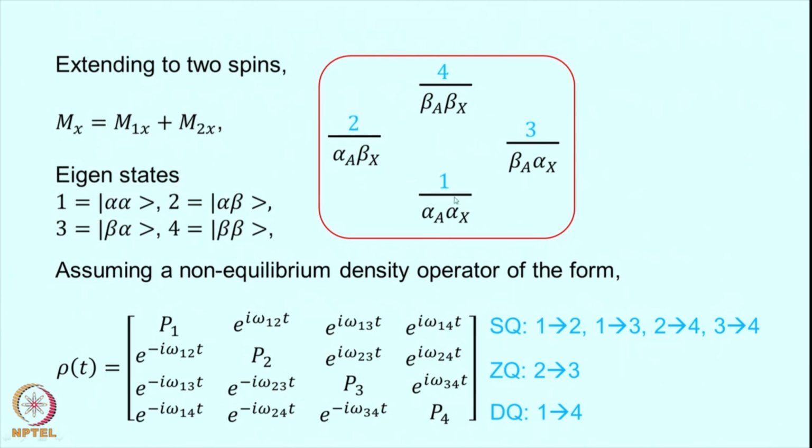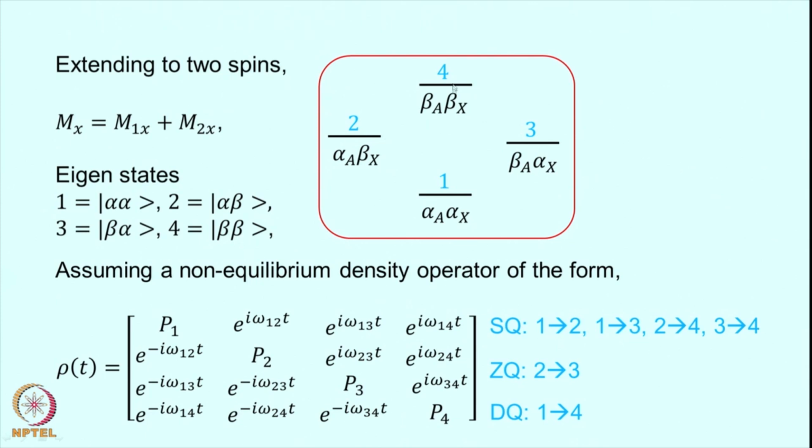Okay, alpha A, alpha X is energy level 1, then I have energy level 2, alpha A, beta X, energy level 3, beta A, alpha X, and energy level 4 is beta A, beta X. So these are called product functions. These are the eigenfunctions of the Hamiltonian for the weakly coupled situation, as we have seen in the lectures on analysis of NMR spectra.